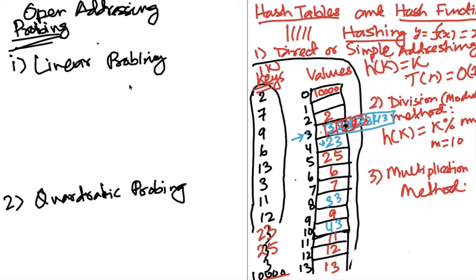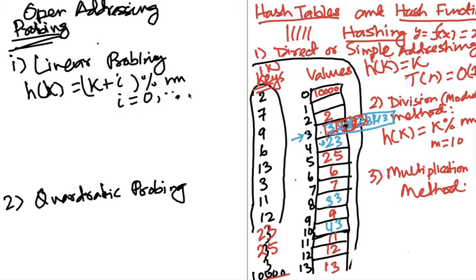So in linear probing, for instance, let us say our hash function is h of k equal to (k plus i) mod m, and i values are 0 to m minus 1.